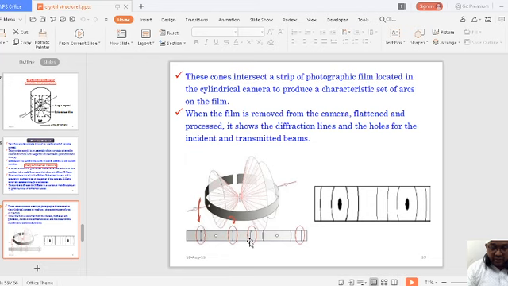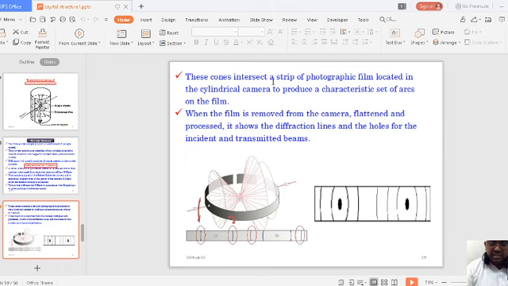Here you can find that these images take the form of nearly circles. So these cones intersect a strip of photographic film, which is located in the cylindrical camera. You can just see this strip of photographic plate where you'll get this type of structure image.